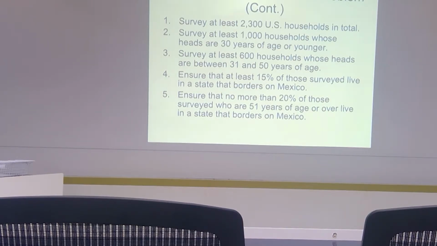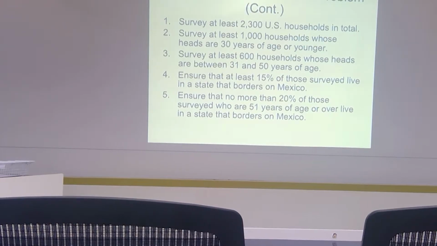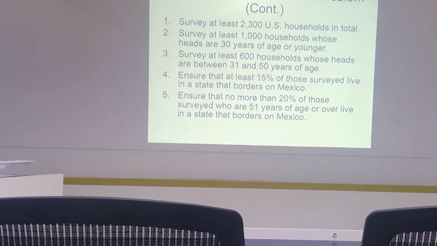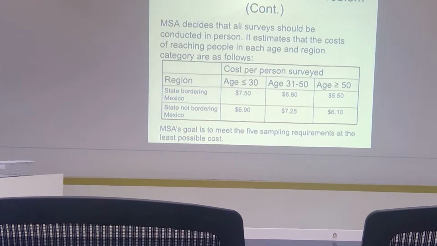Third one is at least 600 for age 31 to 50. The fourth one, ensure that at least 15% of those surveyed live in a state that borders Mexico. And the last one, ensure that no more than 20% of those surveyed who are 50 years of age or over live in a state that borders Mexico. So the survey should be conducted in person.